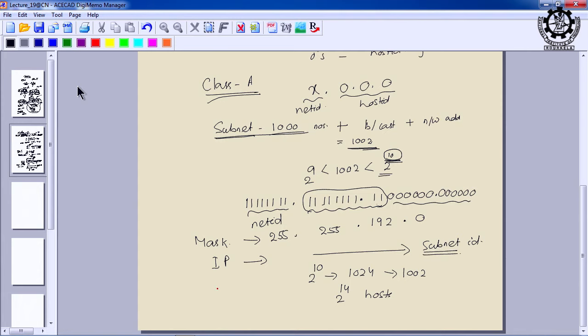So, that means your configuration will be something like this. If these are the subnets, then the subnets will be starting from, let us say, 0 to 1001, this many number of subnets, and in each subnet you will have 0 to 2 to the power 14 minus 1 number of hosts.